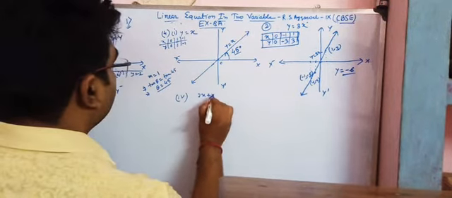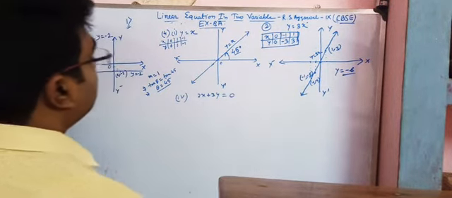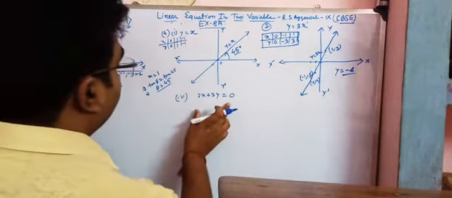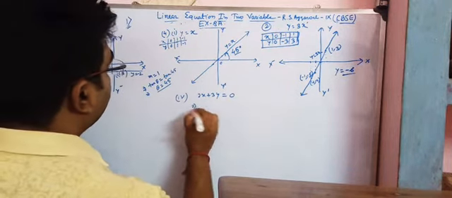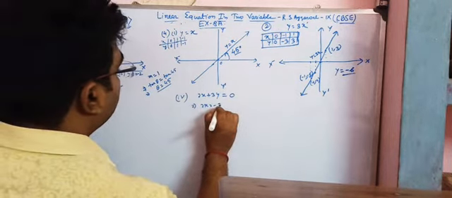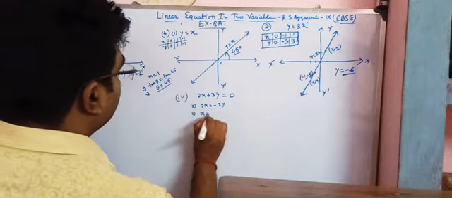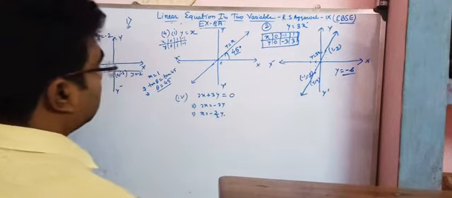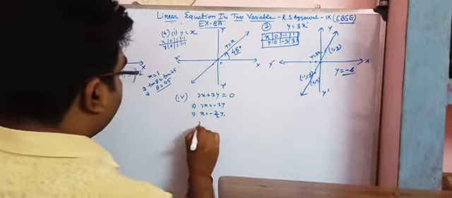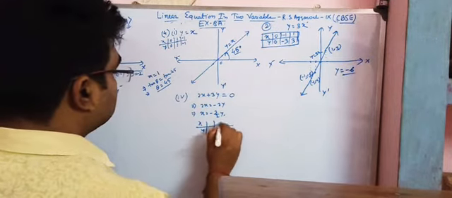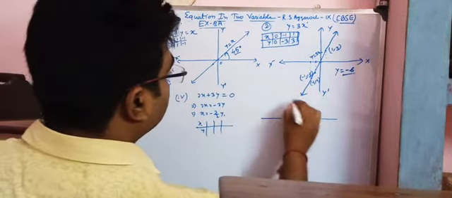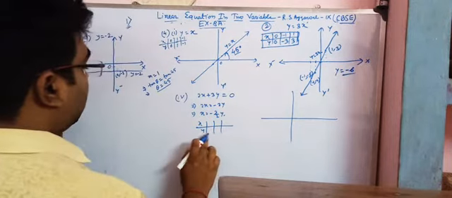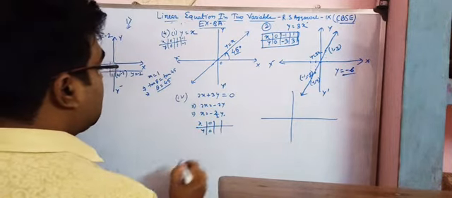2x plus 3y equal to 0. We have to make a graph of that. So for that we get 2x equal to minus 3y. That means x is equal to minus 3 by 2 y. Now we have to make the table of x and y like that. For x is equal to 0, y is equal to 0.